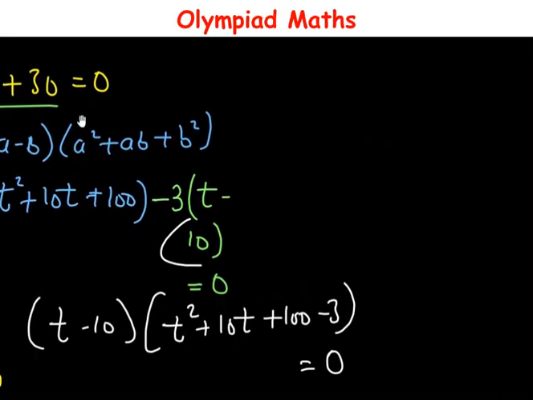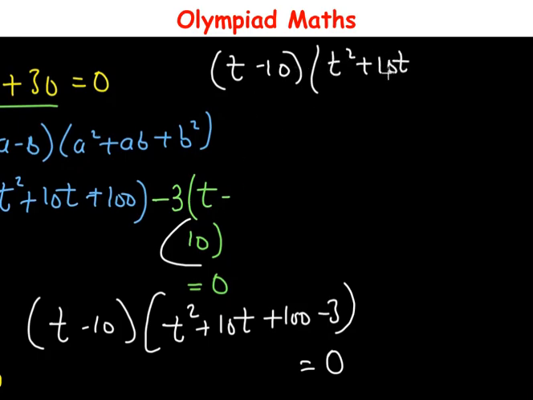So at this junction, we have in brackets t minus 10 multiplied by t squared plus 10t plus 100 minus 3, that will give us plus 97, and this equals 0.